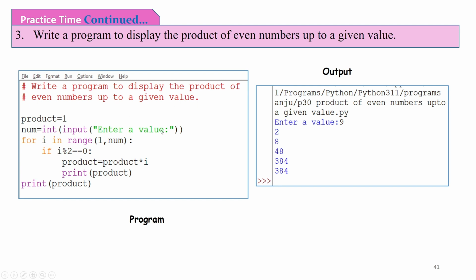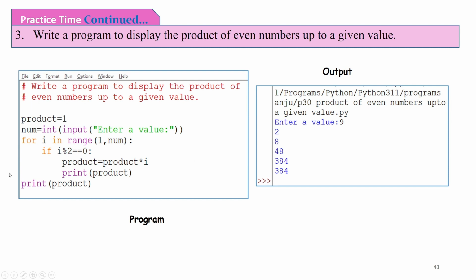Now the value became 2. Now it is going to divide it by 2, which gives you 0. Yes. Then the product will be multiplied by i. The product was 1, and 1 was multiplied by 2. So the first value printed was 2.